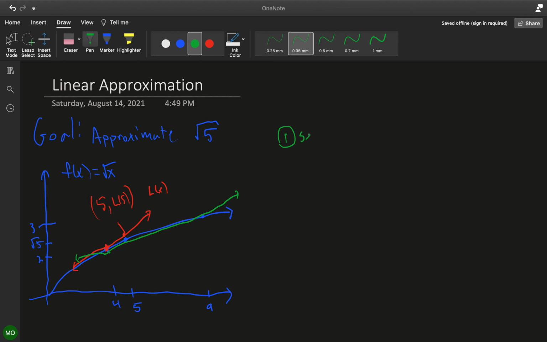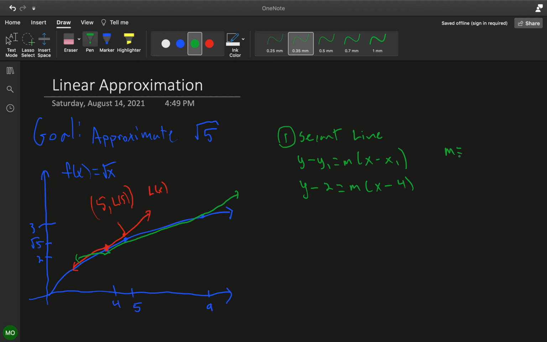So let's look at our secant line first. To define a line, we need to know a point, and we also need to know a slope. So let's use 4 comma 2 as our point. So y minus 2 equals m times x minus 4.